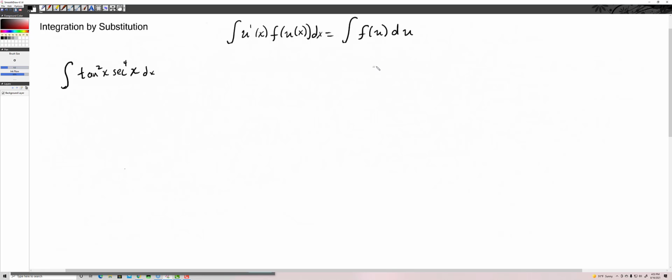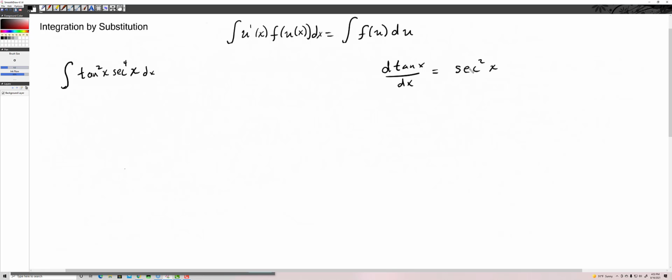So in this case, we're going to remember that the derivative of tangent, this is one of the things you're going to want: trigonometric identities and also their derivatives to do this stuff. So the derivative of tangent is secant squared x.